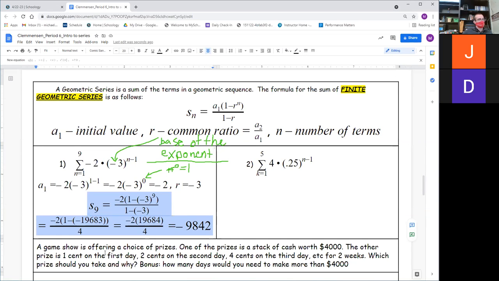Are there any questions on how I did this problem? Finding my A1, finding my R, or plugging in the values?